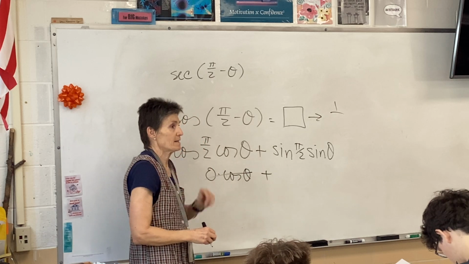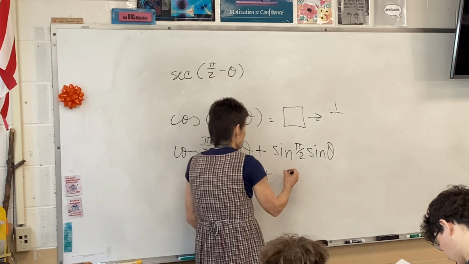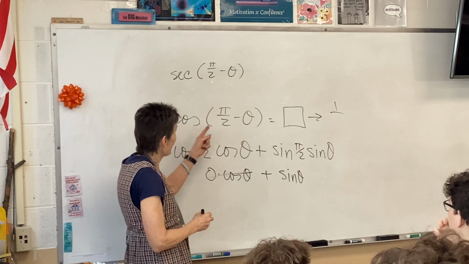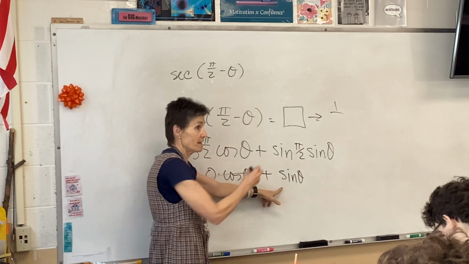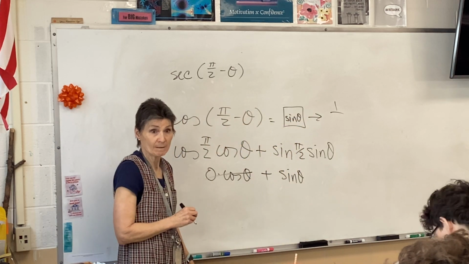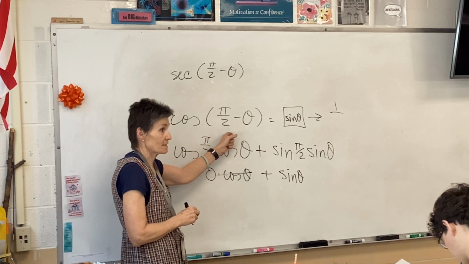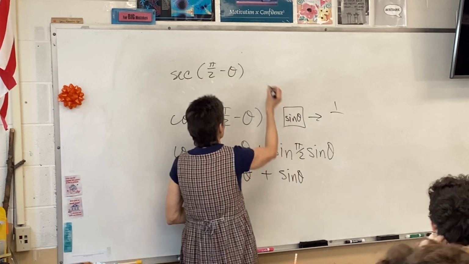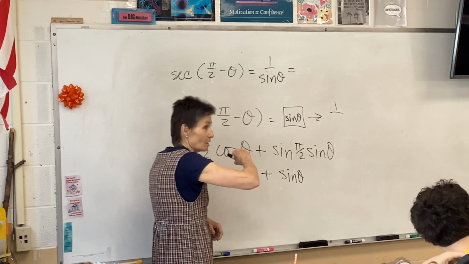What's the sine of pi over 2? 1. So this is just sine. So the cosine of pi over 2 minus theta is just sine. Everybody with me? Now that's the cosine of pi over 2 minus theta. I'm supposed to be finding the secant, so I will do 1 over sine, cosecant.